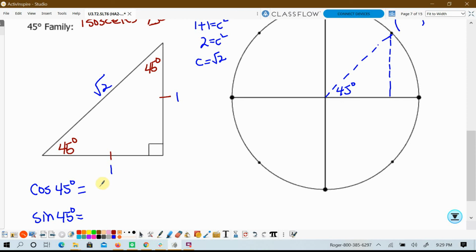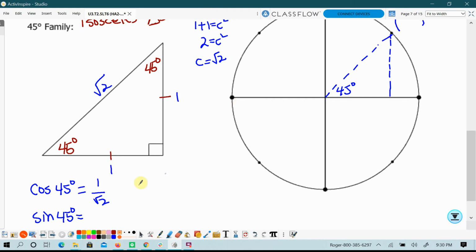All right, so we remember cosine of 45 degrees puts adjacent side over hypotenuse. However, in math, we've learned when we have fractions and we contain a radical sign in the denominator of a fraction, we must not leave it there. We must simplify the expression down using a process called rationalizing the denominator.